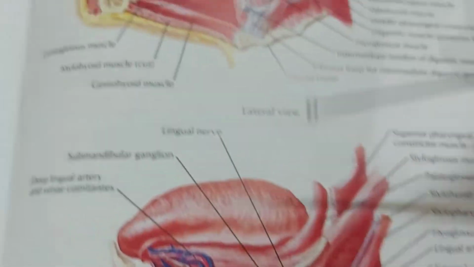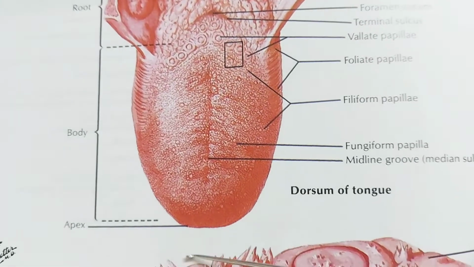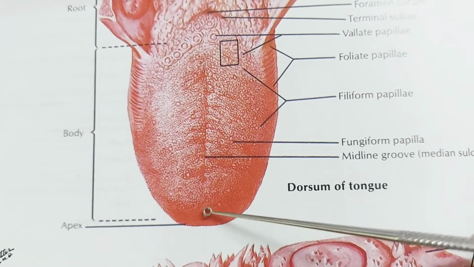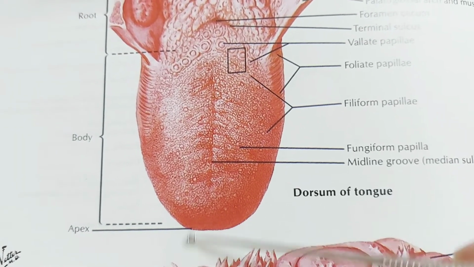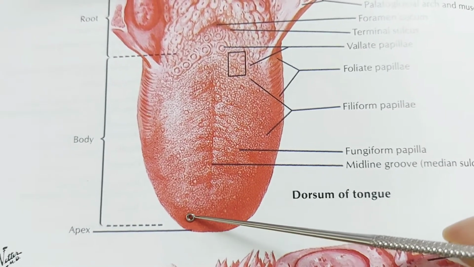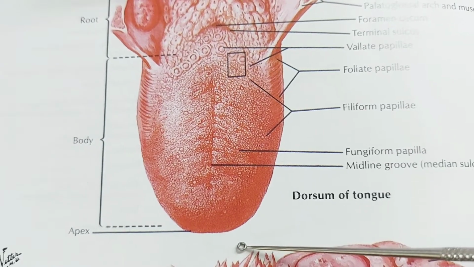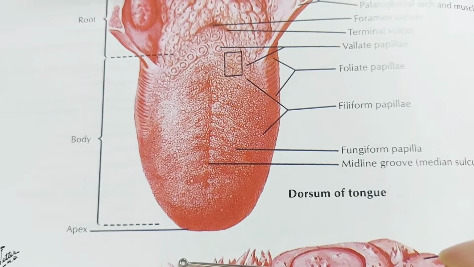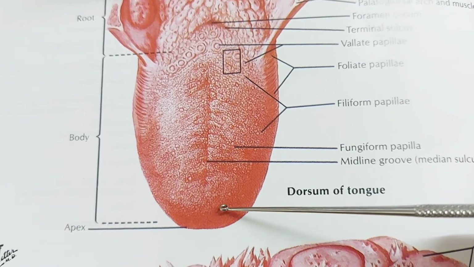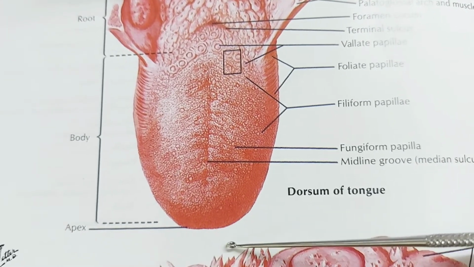And the lymphatic drainage of the tongue: from the tip of the tongue, the lymphatics move to the submental nodes, and this is bilateral drainage. From this part they go to this part, and from this part they also go to this part.